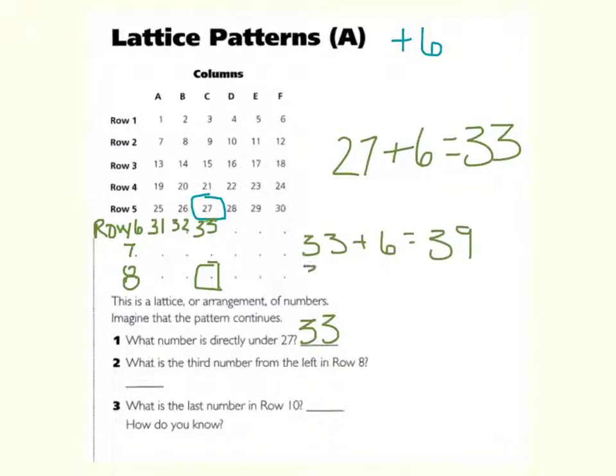So in row 8, 39 plus 6, the number that is third from the left in row 8 is 45.